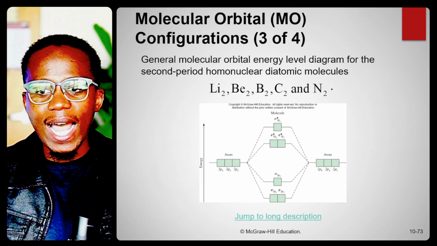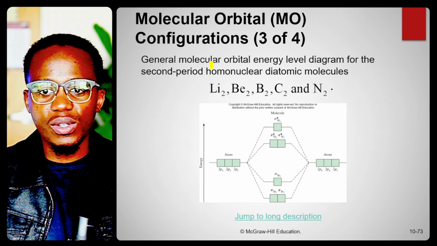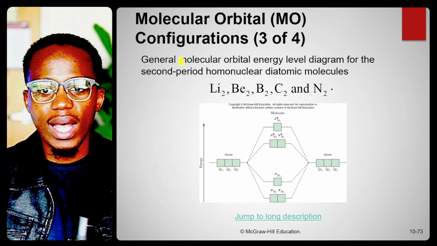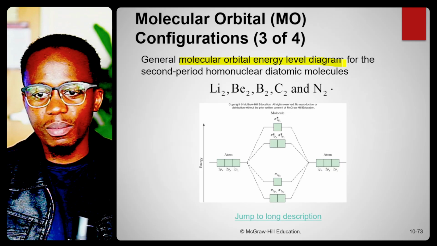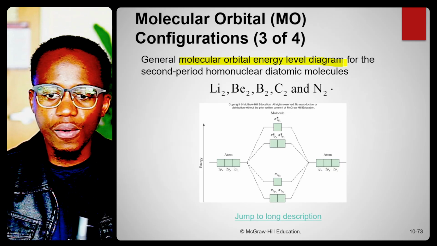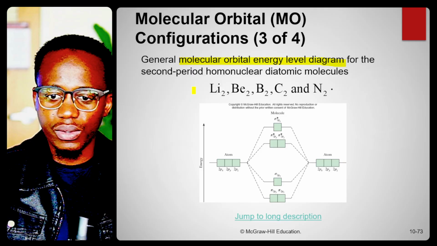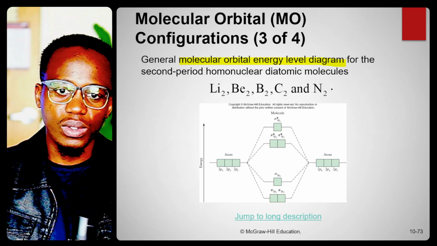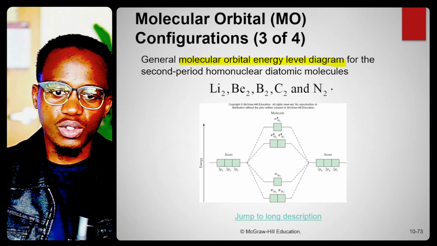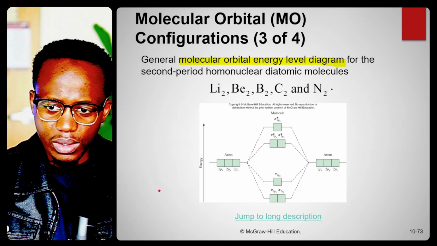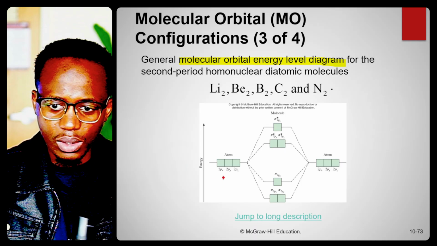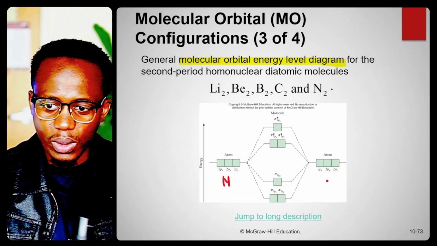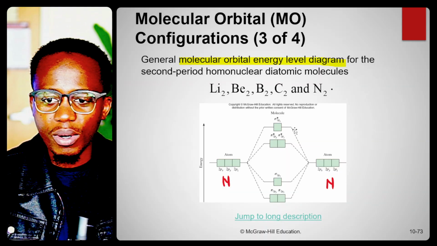Let's say I ask you to give me the molecular orbital energy level diagram for, say, N2. The way you're going to structure it is you start with 1 N here, and then 2 N's, and then you tell me how both of them combine.